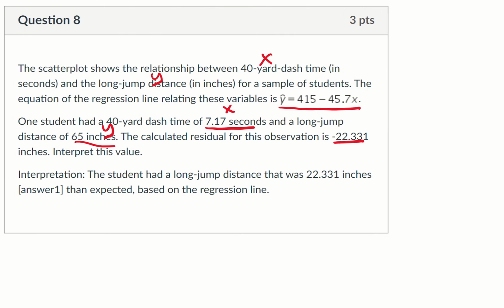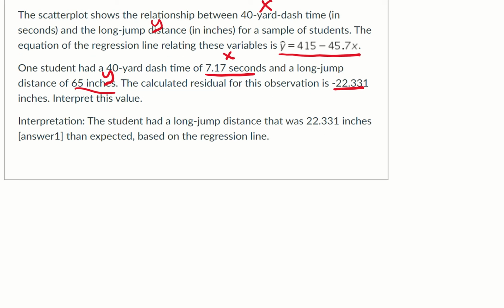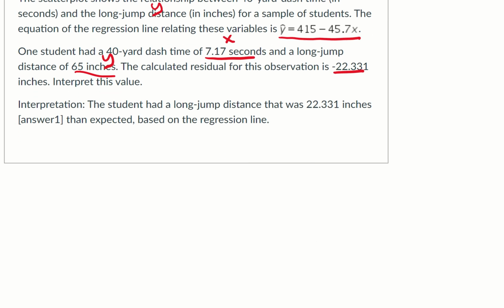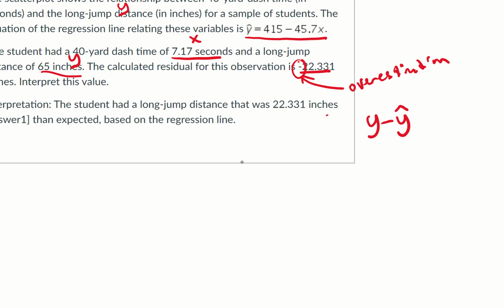Interpret this value. Okay, so we just want to interpret the value. All right, so the student had a long jump distance that was 22.331 inches. Now this right here, that negative, remember that negative indicates that we did an overestimation. That means that we overestimated the value, which means we estimated the value was greater than what it actually was. And so it's kind of opposite of what you would think, because remember, the residual is y minus y hat, and this is your prediction.